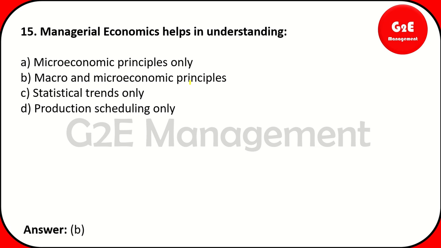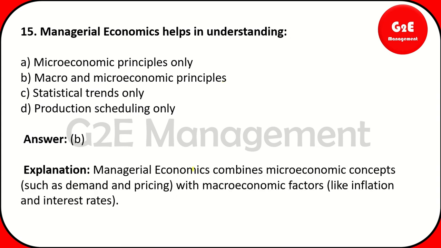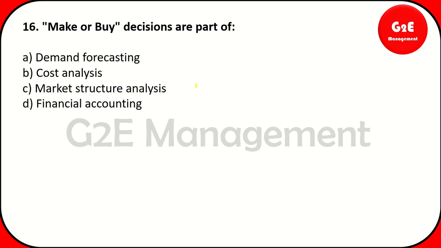So it will come under macro and microeconomic principles. Managerial economics combines microeconomic concepts such as demand and pricing, right? Demand and pricing with macroeconomic factors. So these factors will determine the demand as well as the pricing, right? So that's the thing, macro and microeconomic principles.